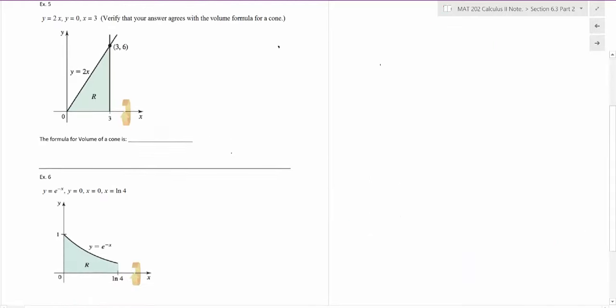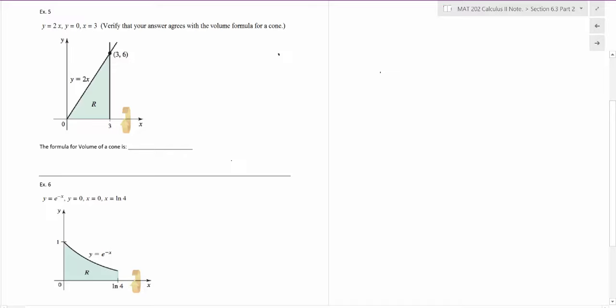On example 5 on the next page, we've got a region that's triangular, and we're going to be revolving this around the x-axis again. So the idea, if I was to go through and just draw a disk, just to kind of help everybody get an idea of what's going on here, you would have a disk like that, and you'd have a bunch of disks.